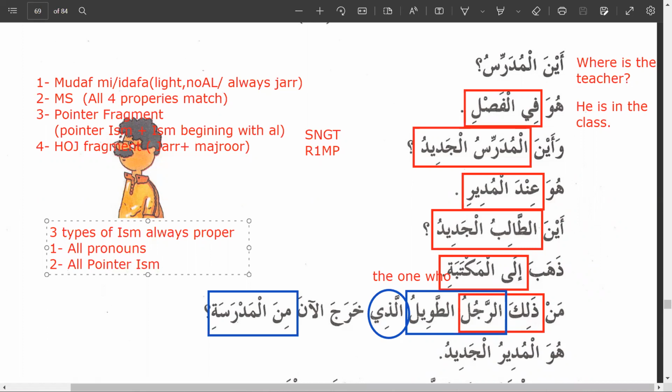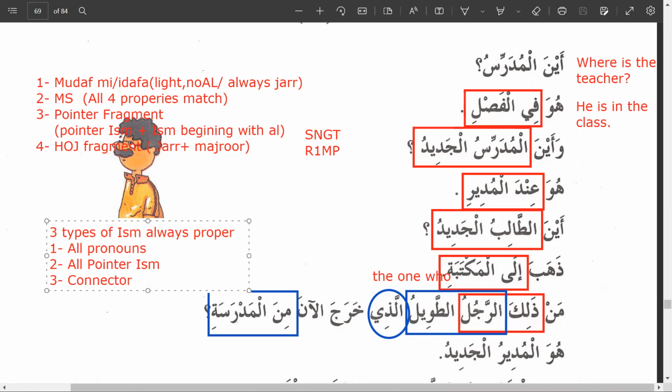Hada, hazihi, zalika, tilka. Hada, hazihi, haulai, zalika, tilka, ulaika. Okay. Now, third type of ism which are always proper, and those are connector ism or ism mawsul.